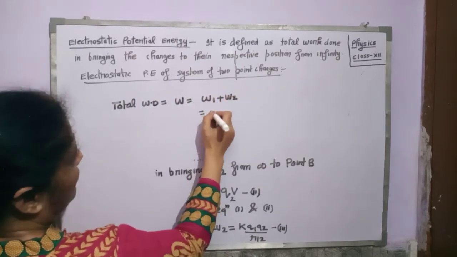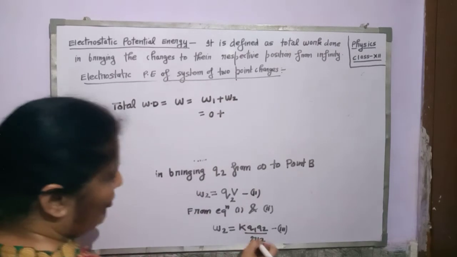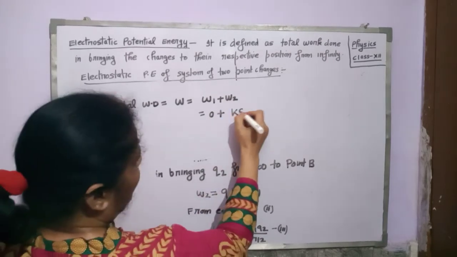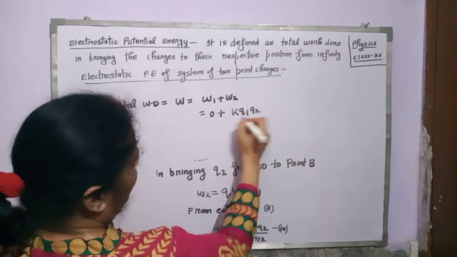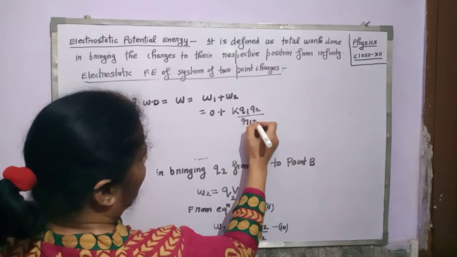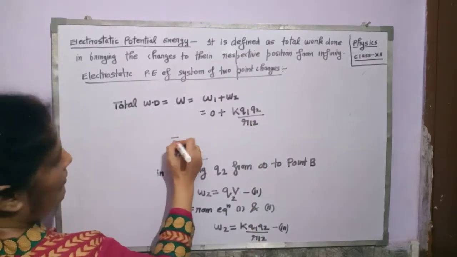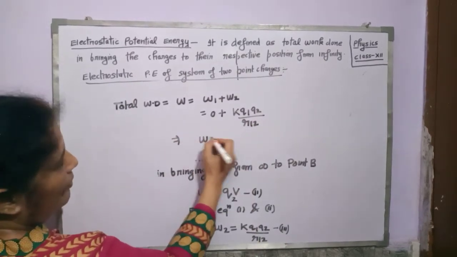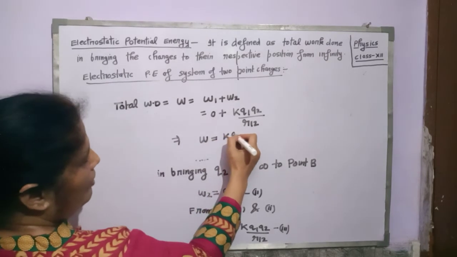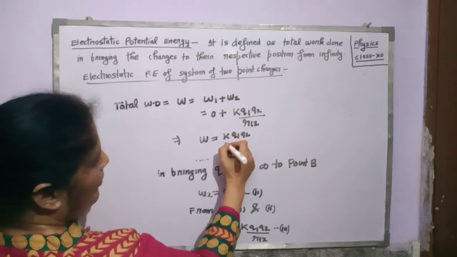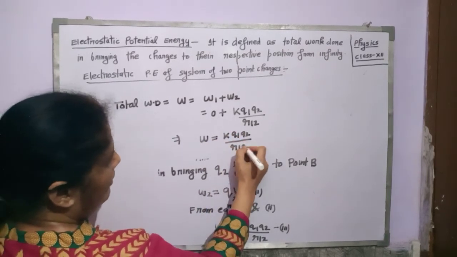W1 is equal to 0. And what is the value of W2? It is K Q1 Q2 upon R12. In other words, we can write W is equal to K Q1 Q2 upon R12.